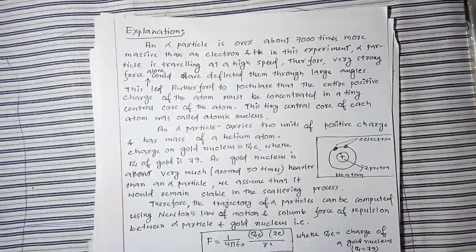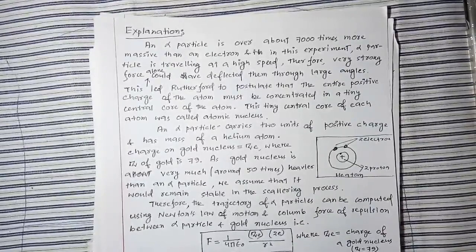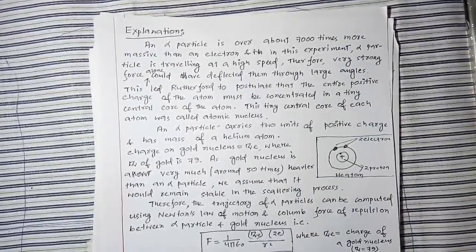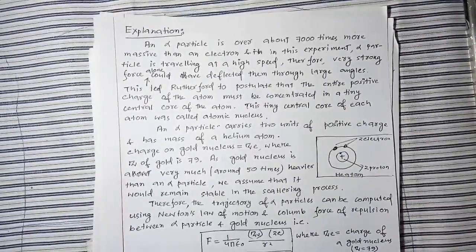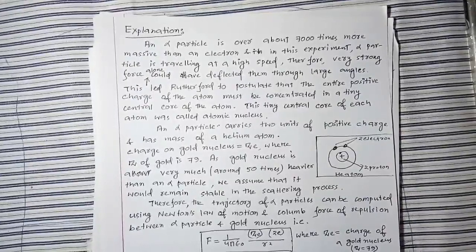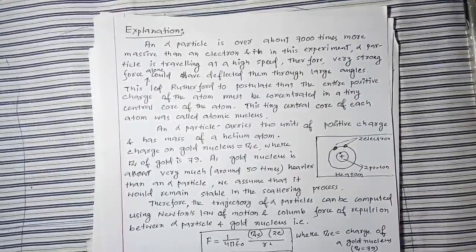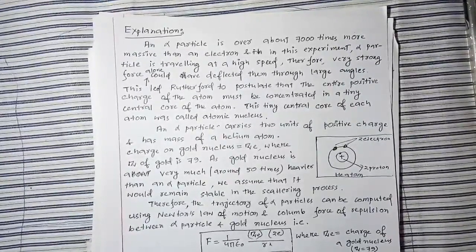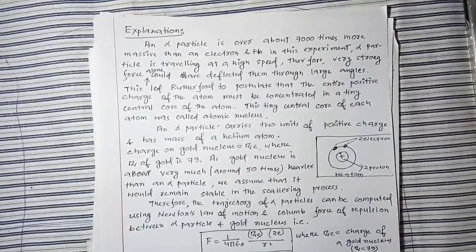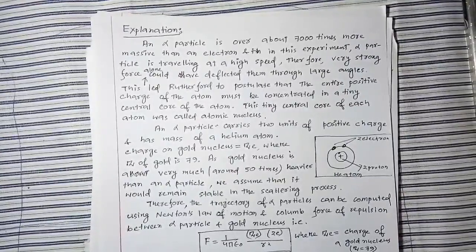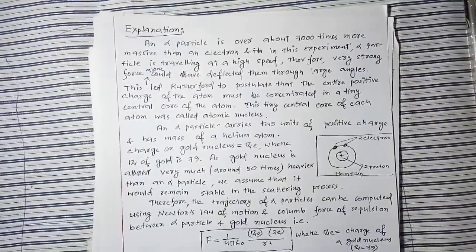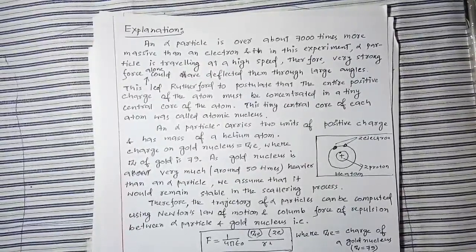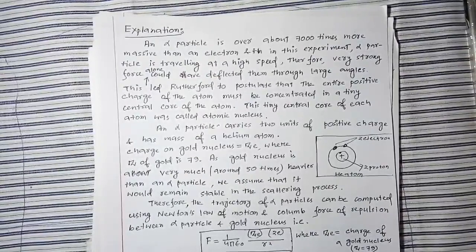Okay, that should be the positive charge of the gold atom, right? And the only possibility is that the alpha particle, having high velocity and a very heavy mass, could be deflected with a large angle only because of the positive charge of the gold atom, right?